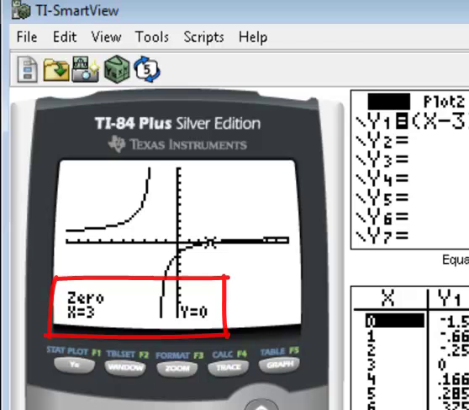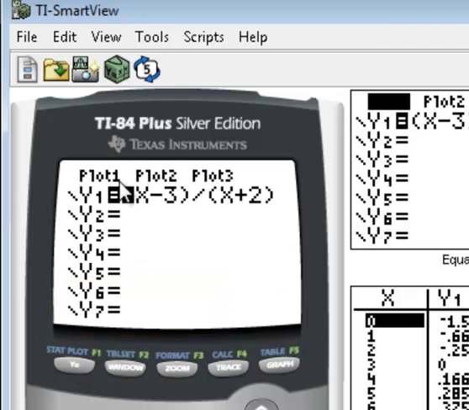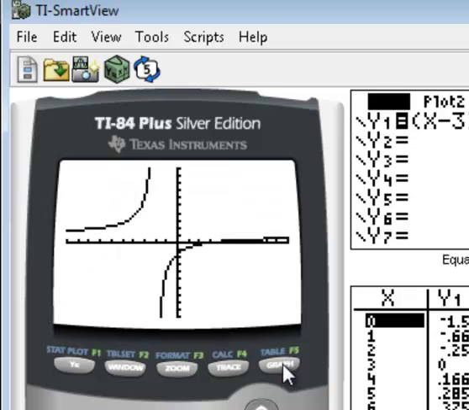That is because when x equals 3, the numerator becomes 0. And 0 divided by any number is 0. Therefore, y is 0, and that makes this point an x-intercept. There is also a y-intercept.